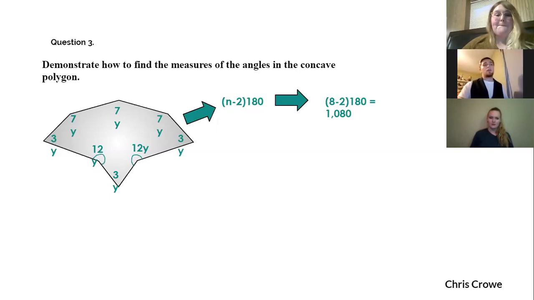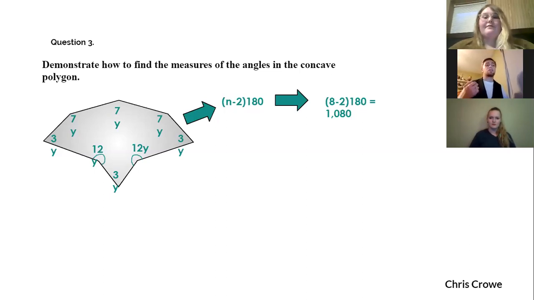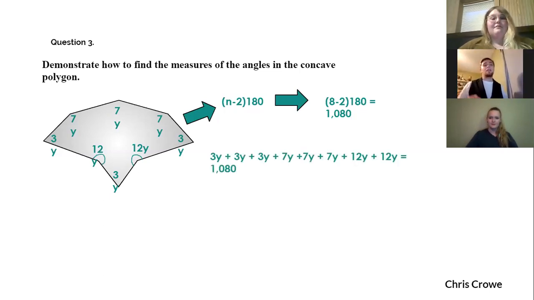With that information, the goal, again, this is question 3, module 2, is to demonstrate how to find the measures of the angles in the concave polygon. So we have a measure for each interior angle of the polygon. Here we use the formula (n minus 2) times 180. In this case, n is 8 because there are 8 points on this figure: 1, 2, 3, 4, 5, 6, 7, 8.